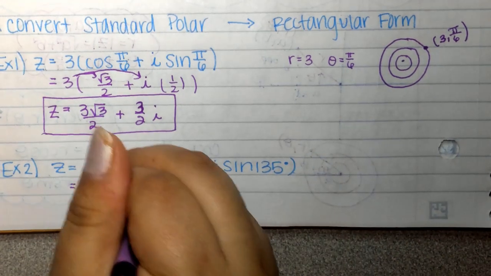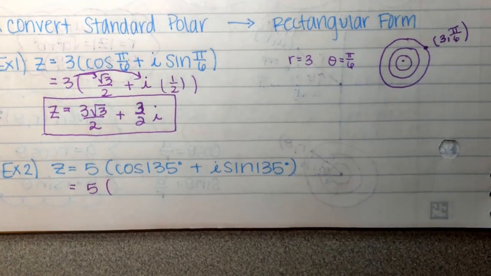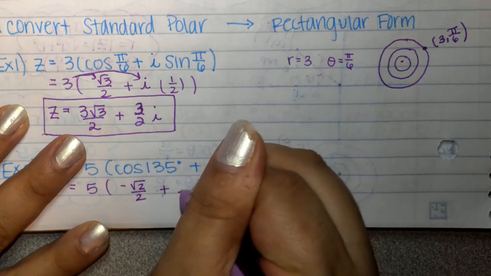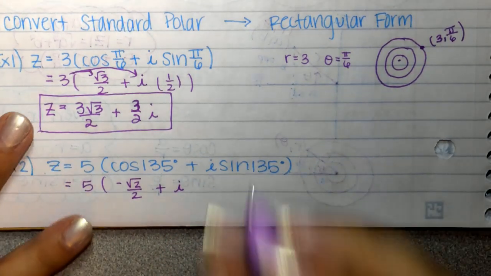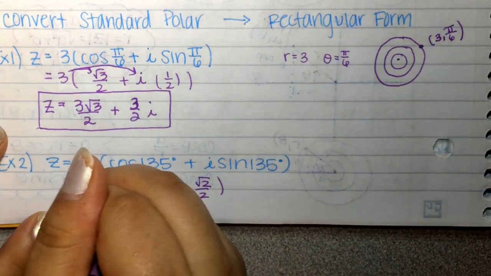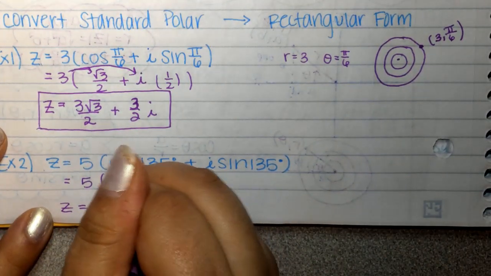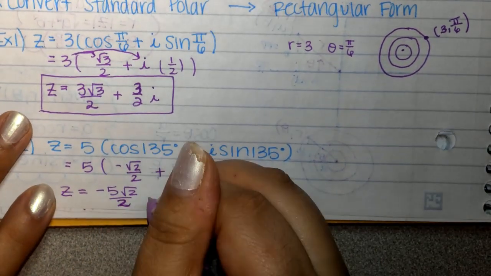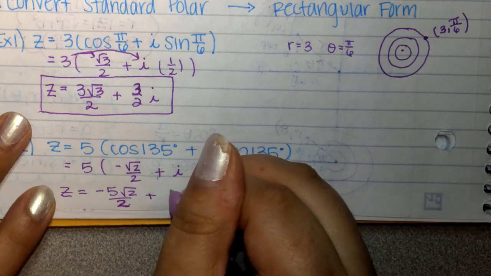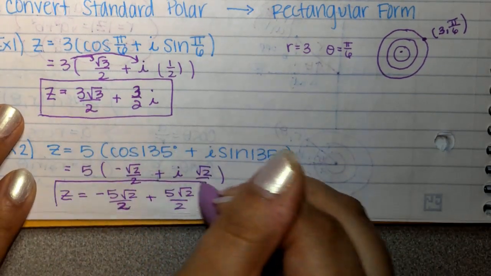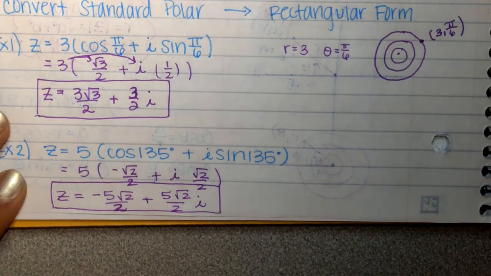What's the cosine of 135? Negative square root of 2 over 2. Plus I. What's the sine of 135? Positive. So therefore, z equals negative 5 root 2 over 2, plus 5 root 2 over 2i. Okay?